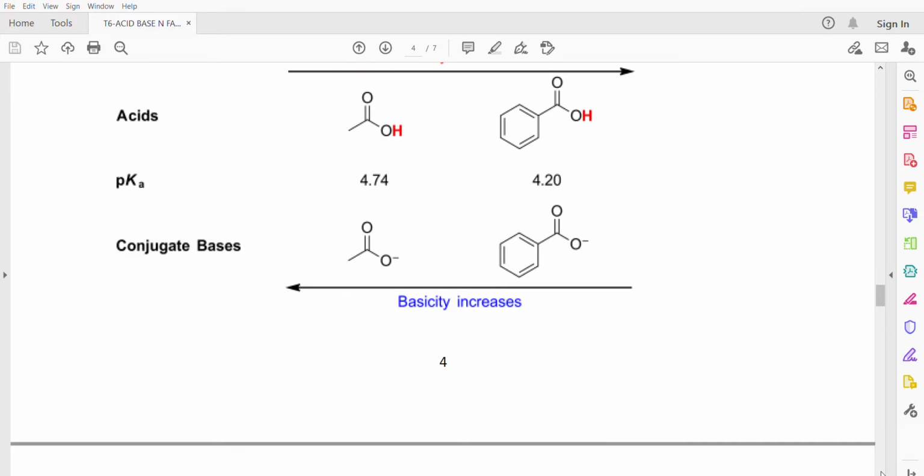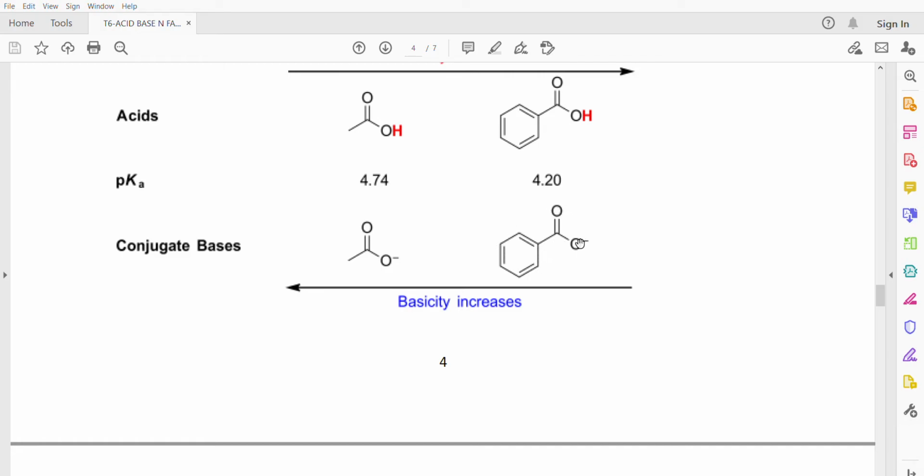And vice versa, if we see basicity, what happens is that the more easily available the negative charge is for a proton to bond, the more basic it is. So this negative charge on oxygen is easily available because it is between two oxygens, but here the negative charge is not only delocalized between two oxygens but also in the aromatic system.